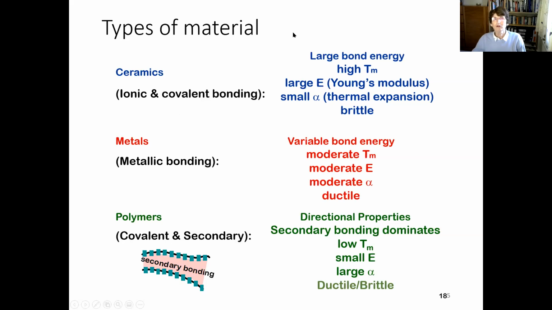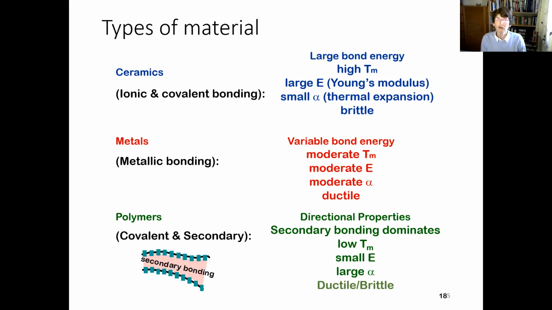So when we're undergraduate, we learn that there are 4 types of bonding: ionic, covalent, metallic, and secondary bonding, such as van der Waals interaction. From a material science perspective, that actually translates into 3 types of materials. Ceramics are bonded with ionic and covalent bonding.